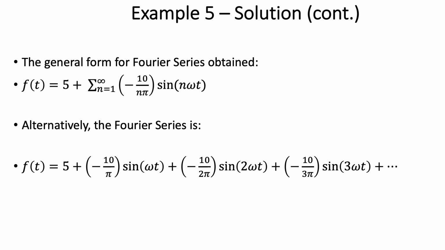Alternatively, the Fourier series expansion is given as f(t) equals 5 minus 10 over π sin ωt minus 10 over 2π sin 2ωt minus 10 over 3π sin 3ωt plus triple dot.